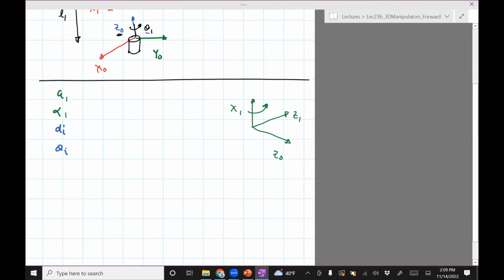The convention is that alpha 1 is the angle between z0 and z1 about the axis x1.